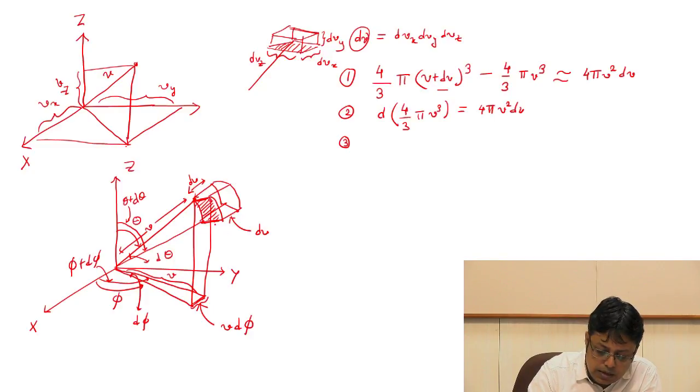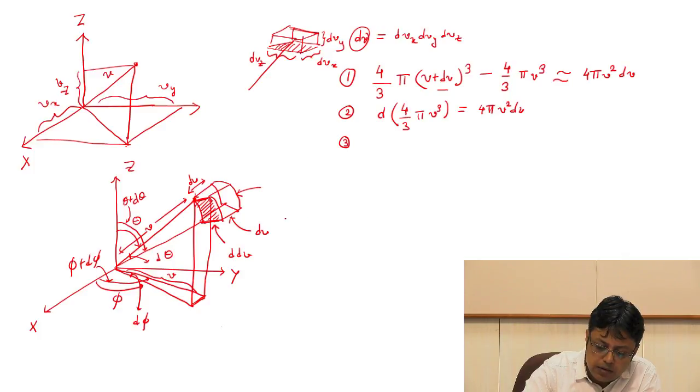So this side is v into d phi. Now what about this side, which we got by sweeping the azimuthal angle? Sorry, this should not be d phi, it is v into d phi. I'm coming back to it. So this length is v.